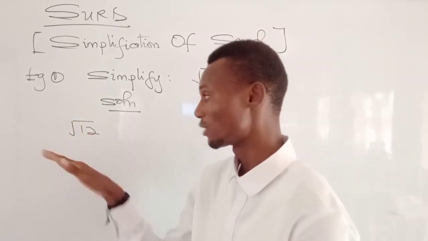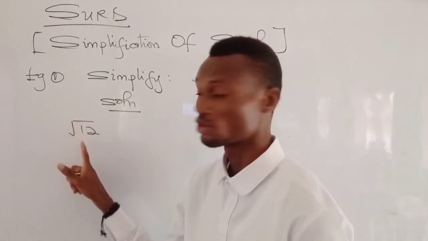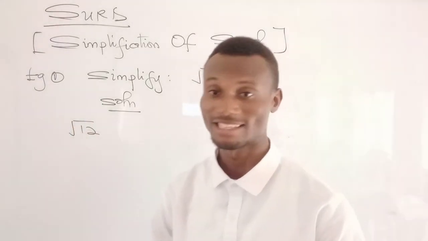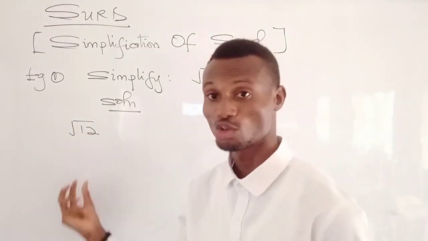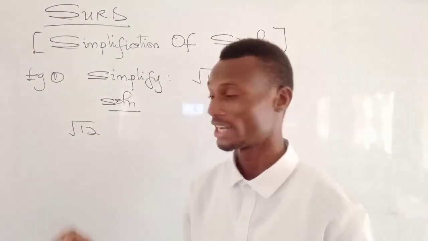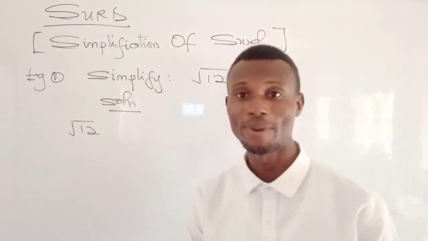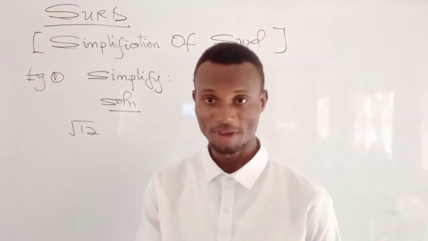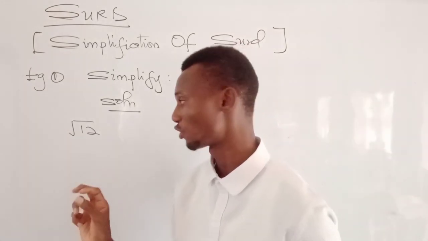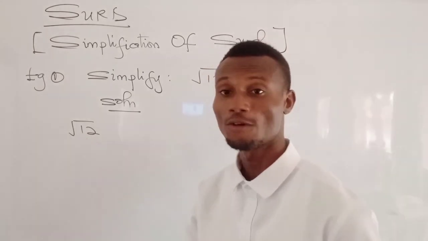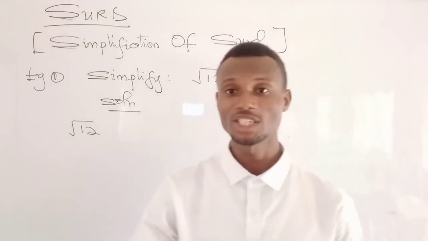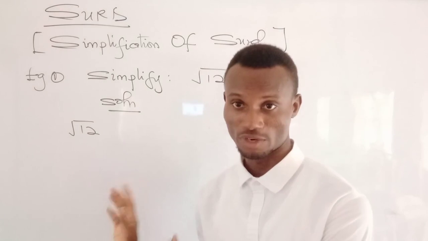When you punch the square root of 12 on the calculator, it will give you an answer straight away, but we are going to solve it without using the calculator. We are going to simplify this one by applying the knowledge on a perfect square. For the 12, you look for two numbers which can multiply to give you the 12.